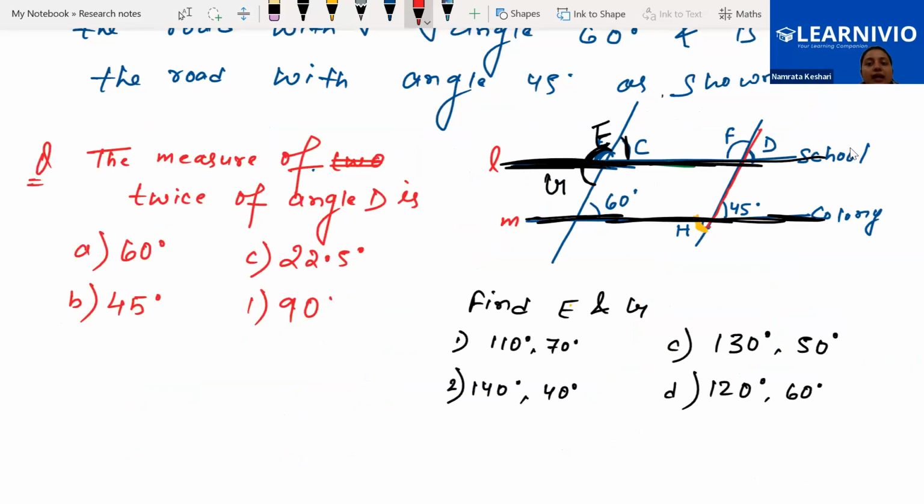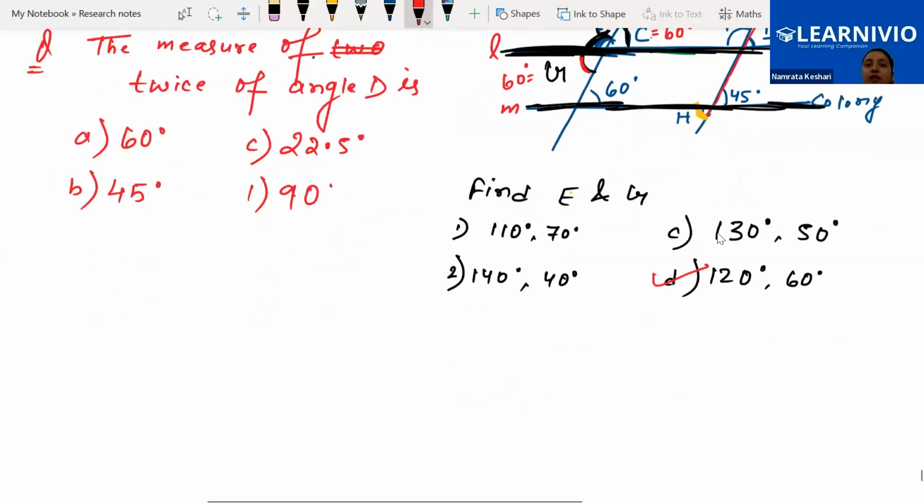So angle E we will be focusing on first. We already know angle C is 60 degrees. So definitely E will be a linear pair with C. It will be 120. And G will be, if this is 60, this will be 60, vertically opposite. We can check, or maybe again think of a linear pair. So what is twice of angle D? 90 degree. Exactly, twice of angle D is 90 degrees.